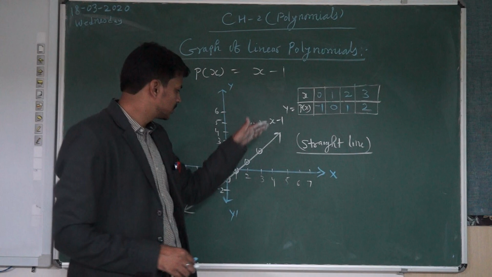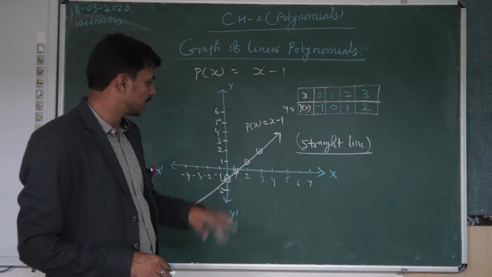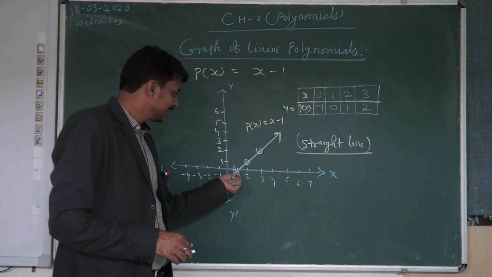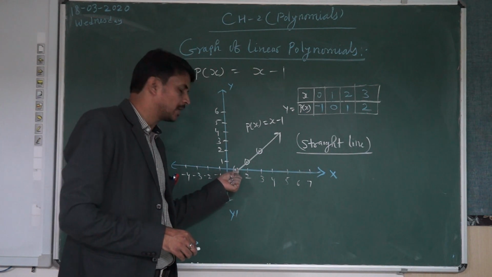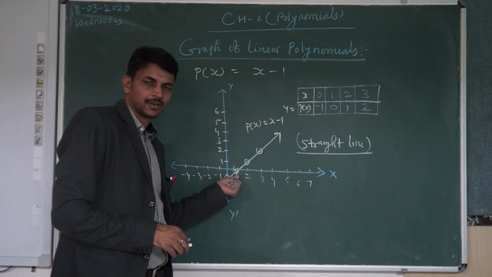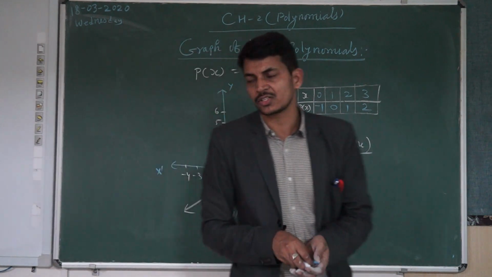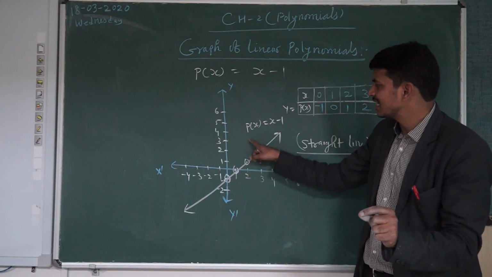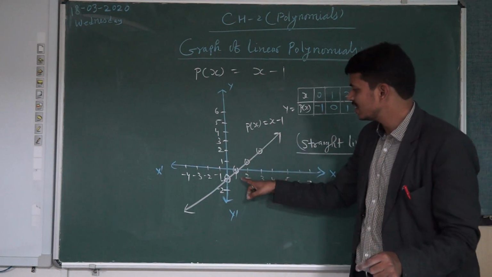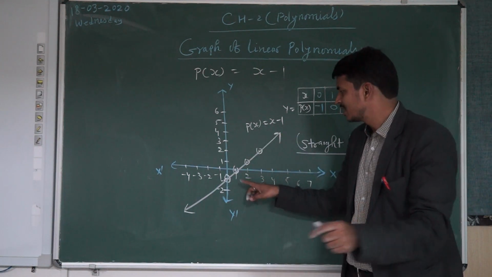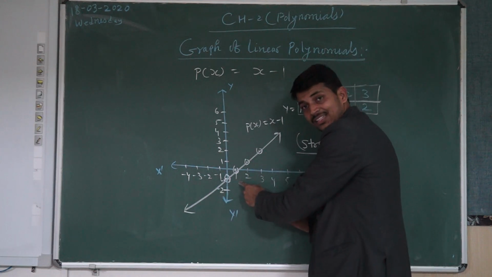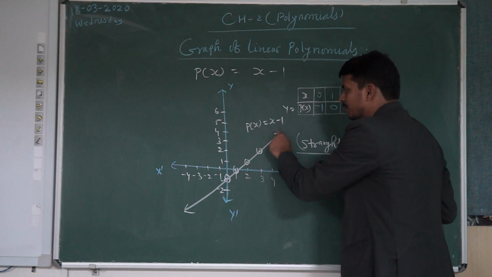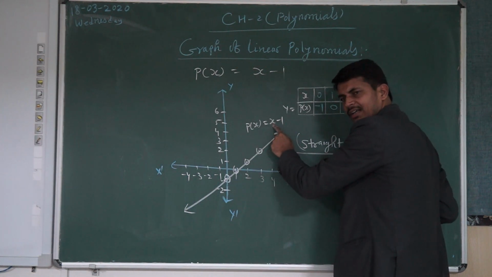Now, if you observe this graph very carefully, you will find a line intersecting the x-axis at only one point. Why am I telling you this? Because whenever we are representing the graph, we have to see at what point the graph is intersecting the x-axis, if your polynomial is given in terms of x.